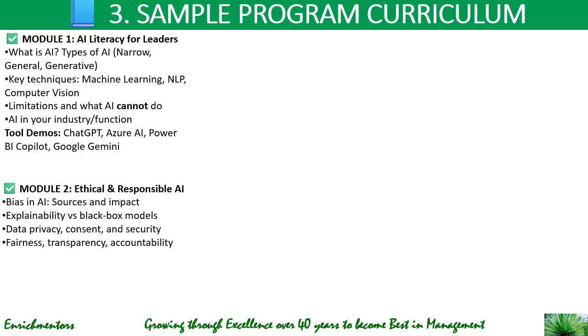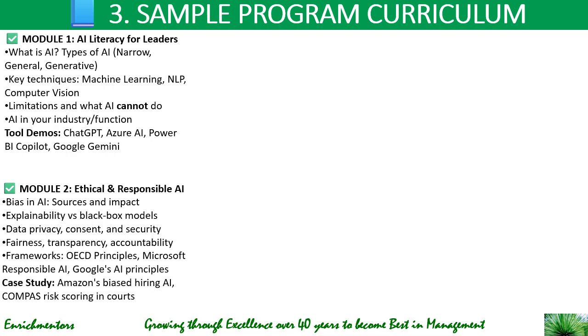Then fairness, transparency, and accountability, which is one key thing in AI, and then frameworks like OECD principles, Microsoft Responsible AI, and Google AI principles. And you could look at a case study with Amazon's biased hiring AI and COMPAS risk scoring in the course. So that could be your second module.